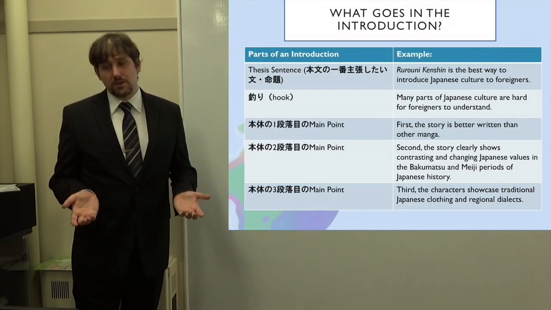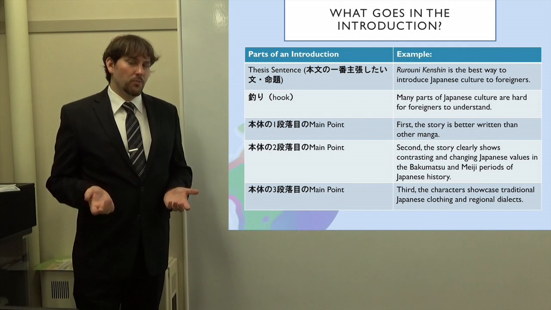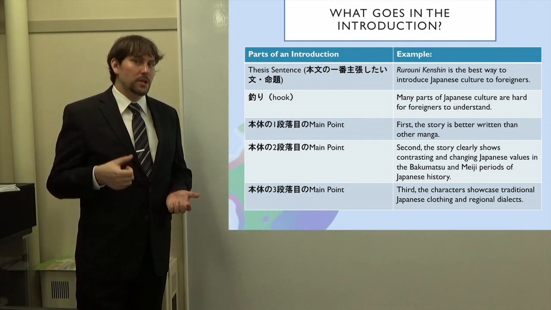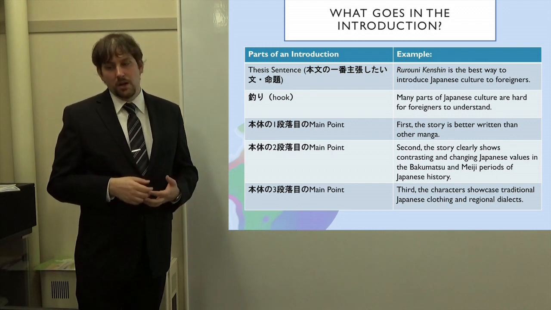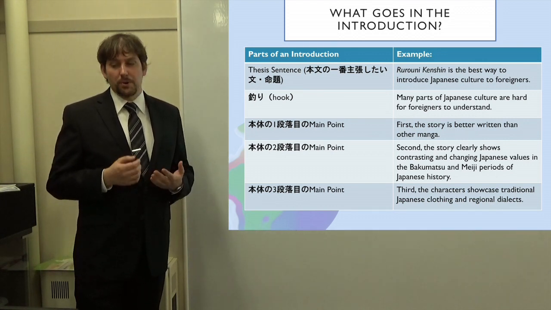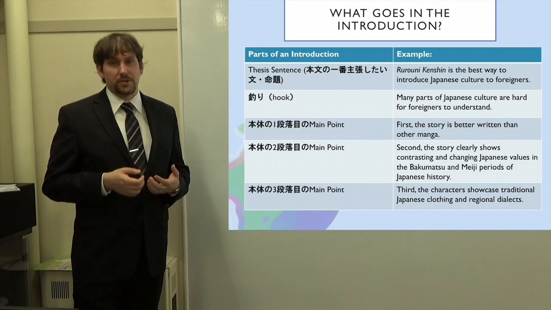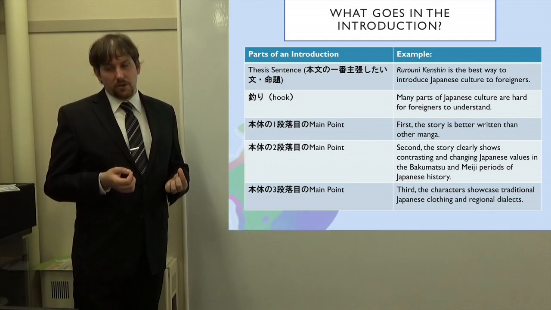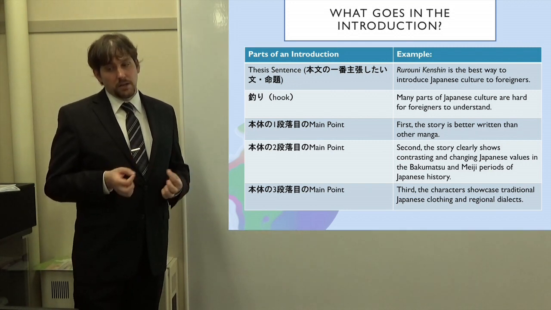What goes into the introduction? In this case, we need a thesis statement. We also need the main claims from the paper, and we can have a hook. In this case, my thesis statement is Rurouni Kenshin is the best way to introduce Japanese culture to foreigners. The hook is this: many parts of Japanese culture are hard for foreigners to understand.